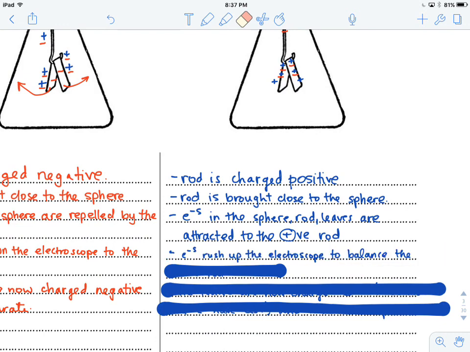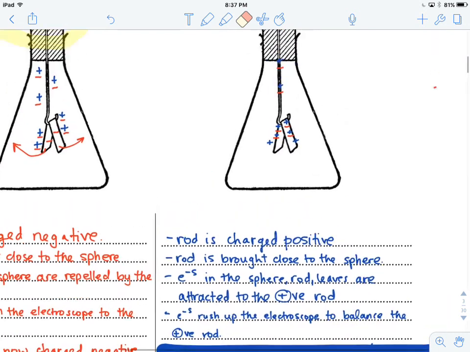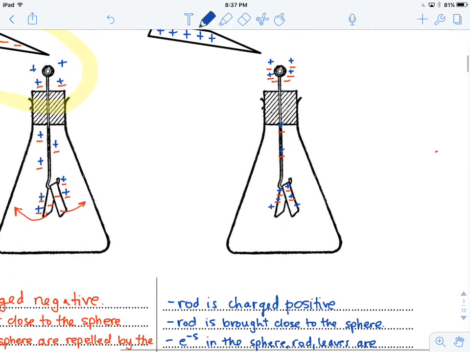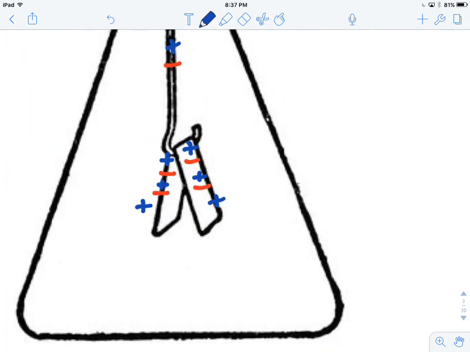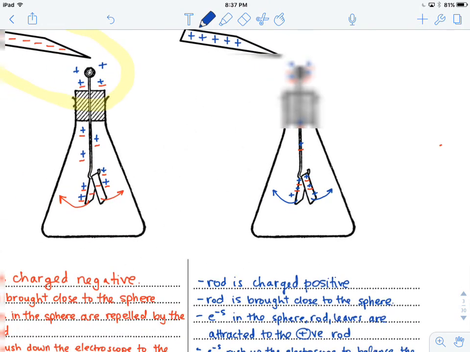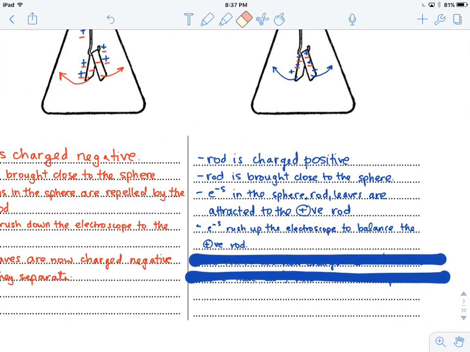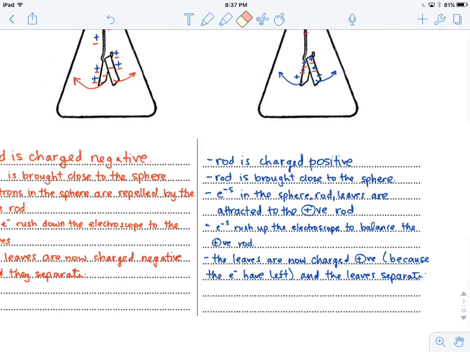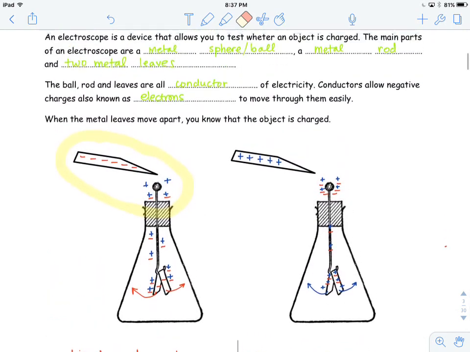The electrons rush up the electroscope to balance out this big positive charge at the top. And what ends up happening now is that when we examine these leaves, both leaves are charged positive, and once again, the leaves will separate. The leaves are now charged positive because some electrons have left, and the leaves will separate. And this is how an electroscope works.